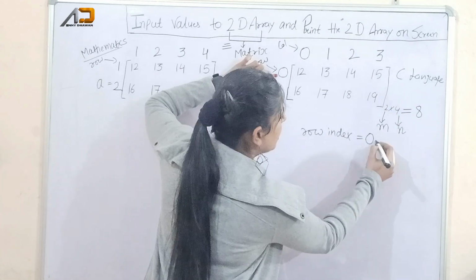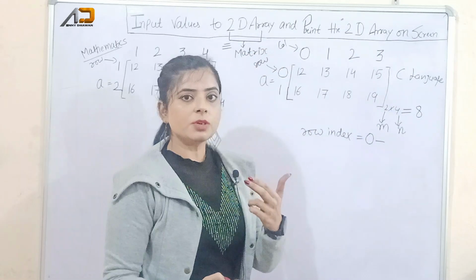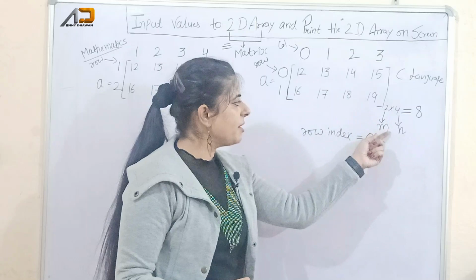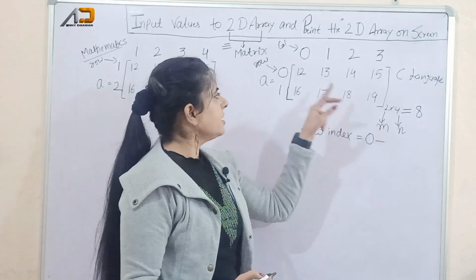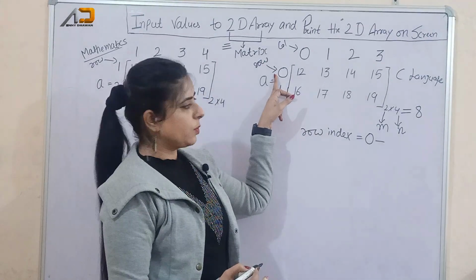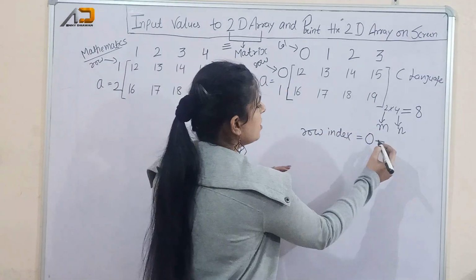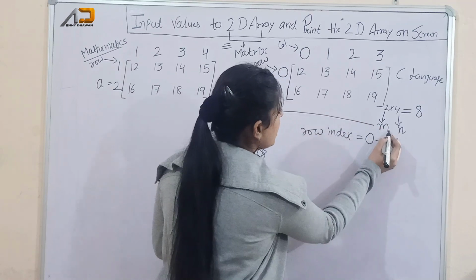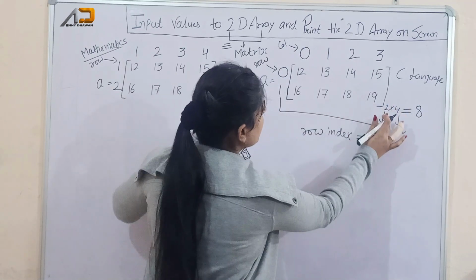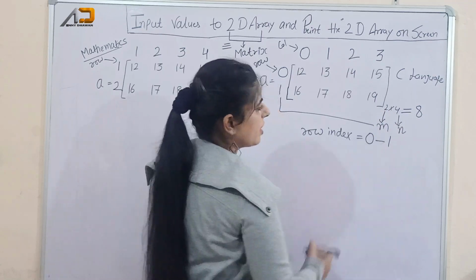It is 0. And what would be the maximum row index value here? That is m minus 1, because the index starts with 0. In this example, the maximum row index value is m minus 1. What is m here? 2. And 2 minus 1, we get 1 here.